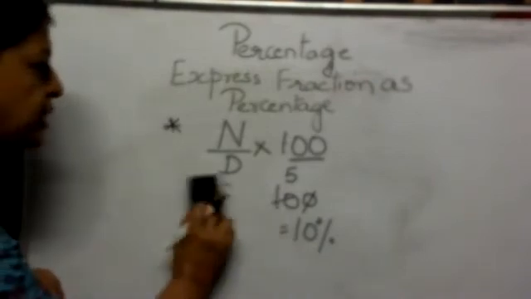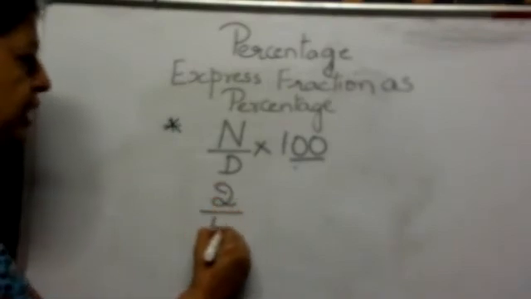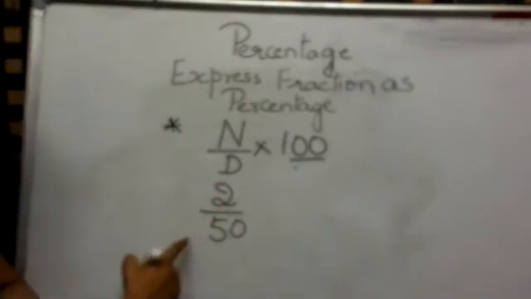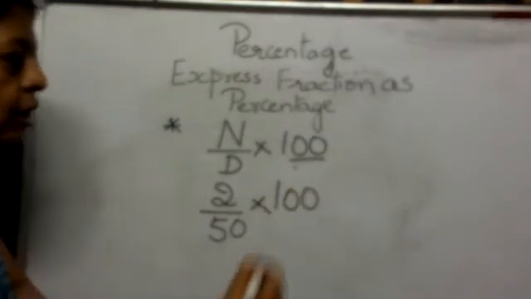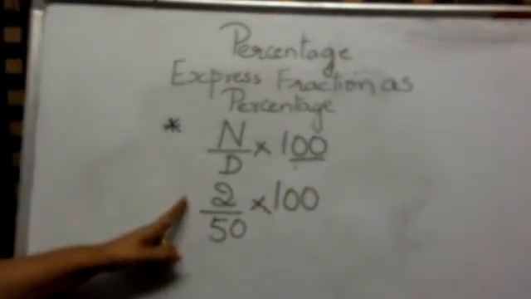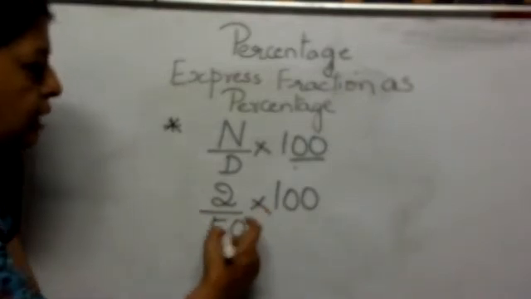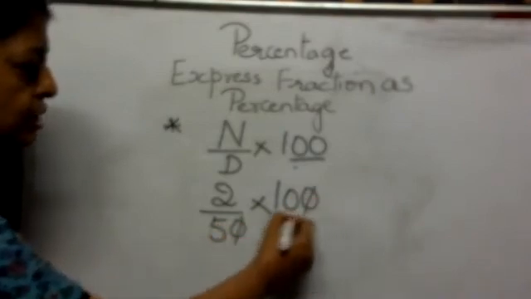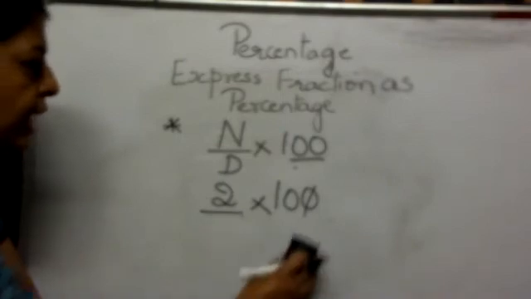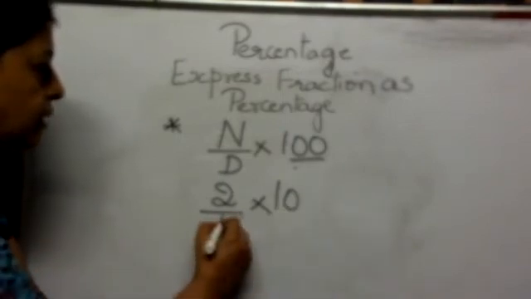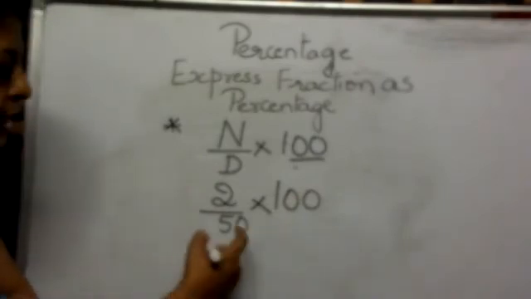Suppose the fraction given is 2 by 50. Very easy. It is a fraction, but it has to be made into a percentage. Children, always remember this rule we are following: a fraction is made into a percentage. So with 50, you can either cut the zeros: 5 twos are 10. Or if you don't want that, 100 can be divided by 50.